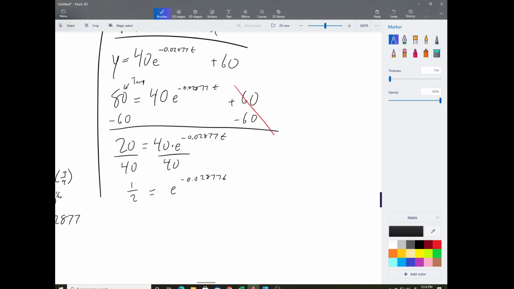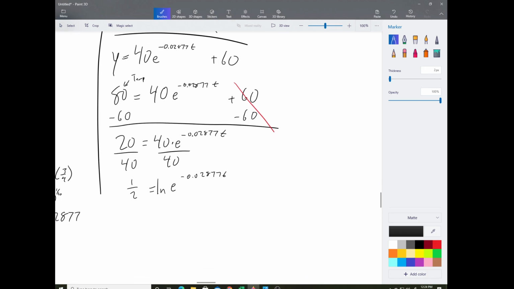And next I'm going to take the natural log of both sides because it's the only way to undo an exponential with the e. So we get negative 0.02877 times t. Looks much more simple once we get rid of the exponential.